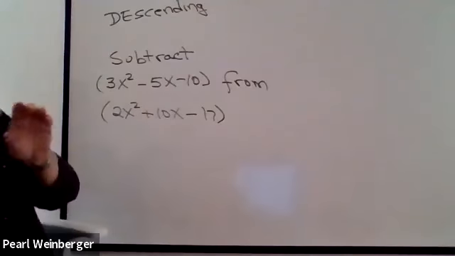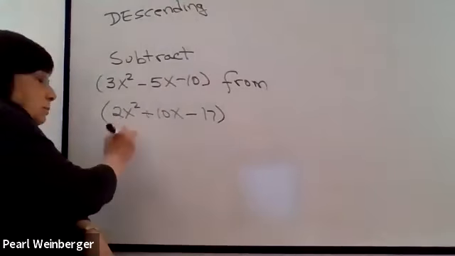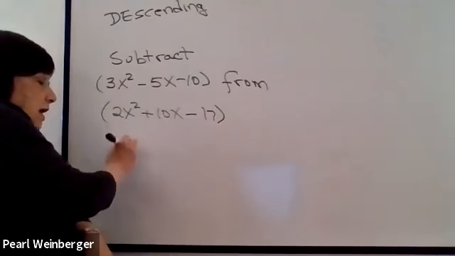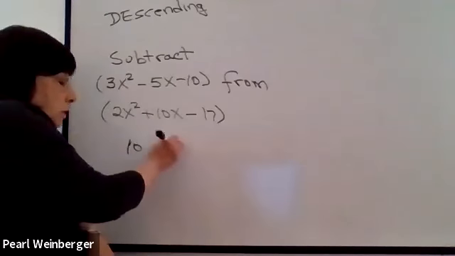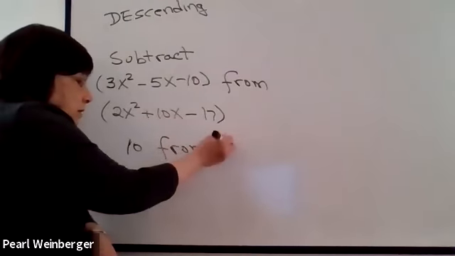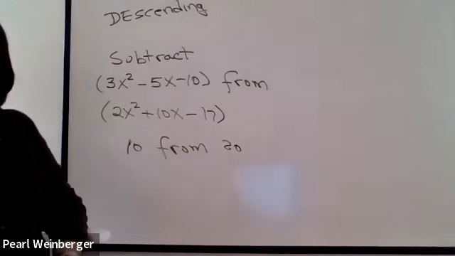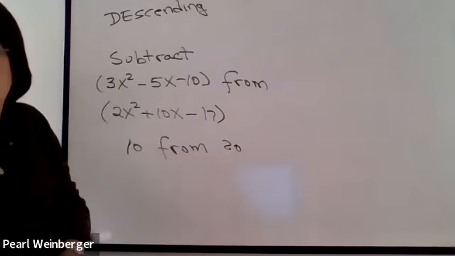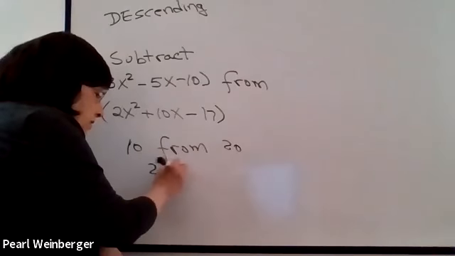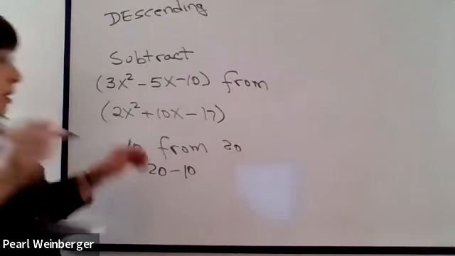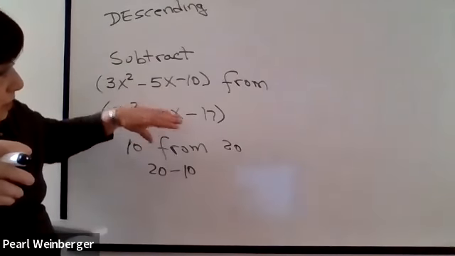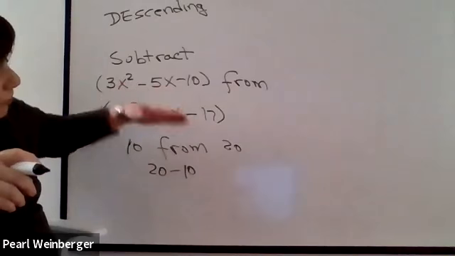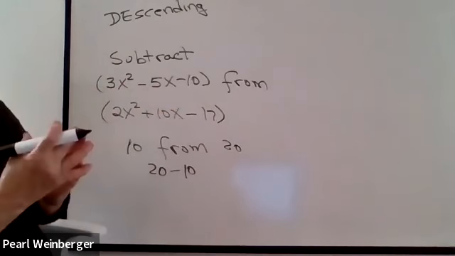No. What if I said subtract 10 from 20? How would you write that? 20 minus 10. You have to write the 20 first and then minus 10. The expression after the "from" is the one that goes first.